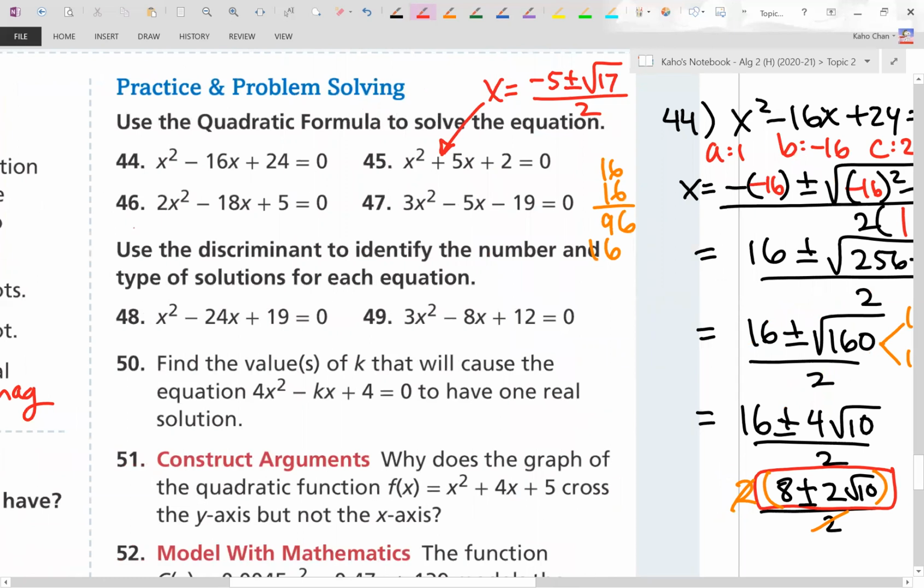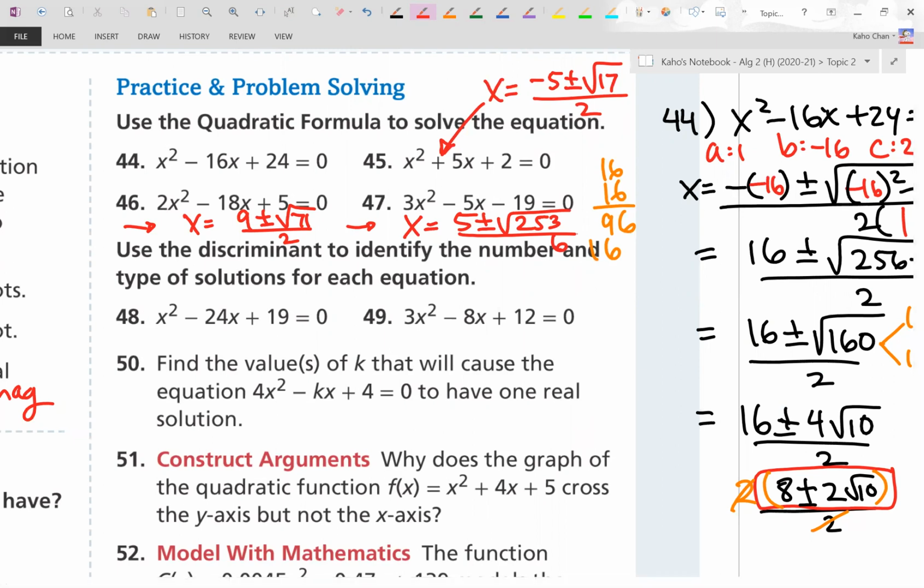Number 46, x equals 9 plus or minus the square root of 71 over 2. Same process as number 44. And number 47, the answer is x equals 5 plus or minus the square root of 253 divided by 6. Crazy.